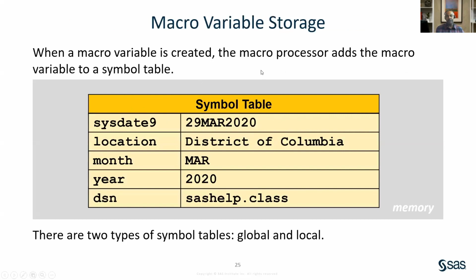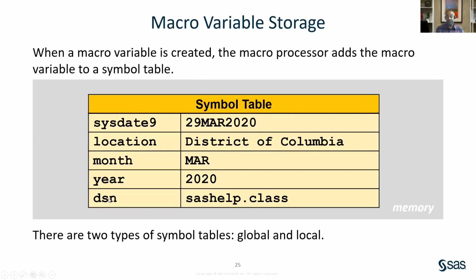When a macro variable is created, the macro processor adds the macro variable to the symbol table. So there are two types: global and local. SYSDATE9 is an automatic macro variable that's put in the symbol table automatically for you, along with a host of other automatic macro variables.